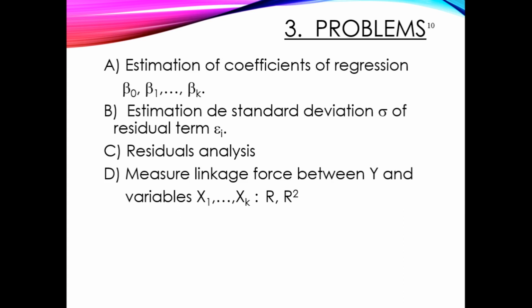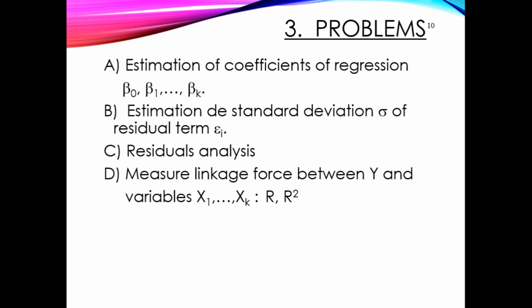What can we do to estimate these coefficients? What is the standard deviation of our error terms? How can we analyze our error term, which is also called the residual term?